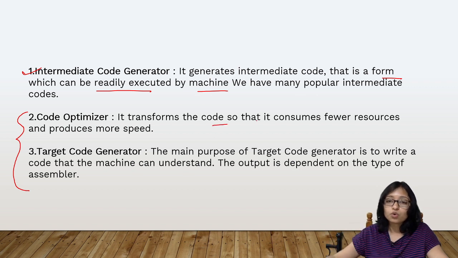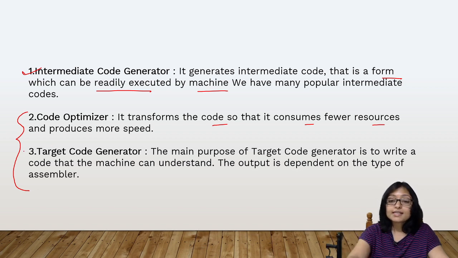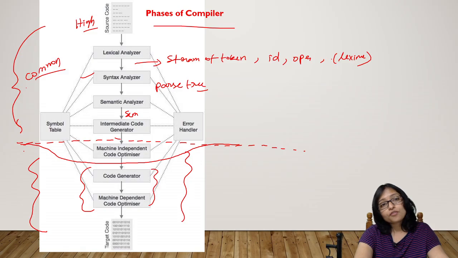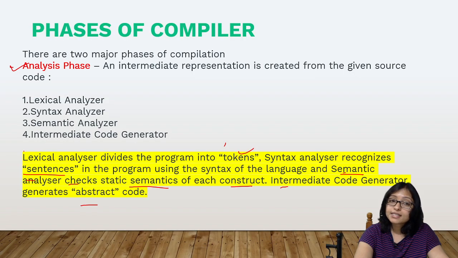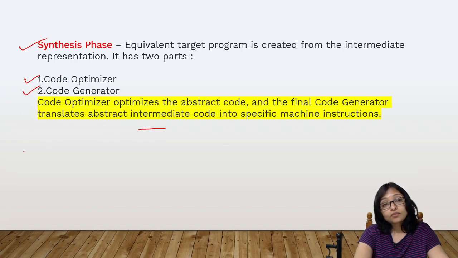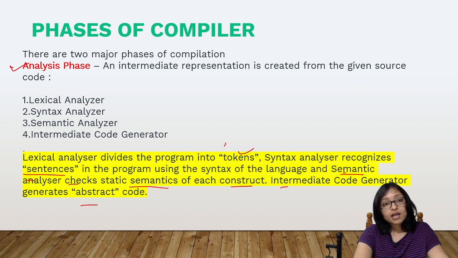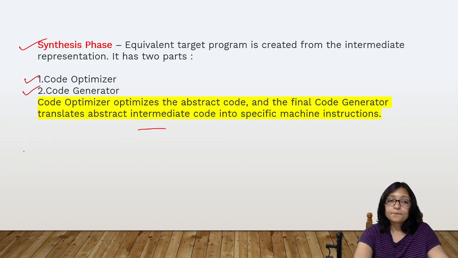It transforms the code to consume fewer resources, so specifically for that machine, whatever optimization is required, and finally it will generate the target code. So these are all the phases of the compiler, and why the symbol table is required. What is the symbol table? I hope this is clear.